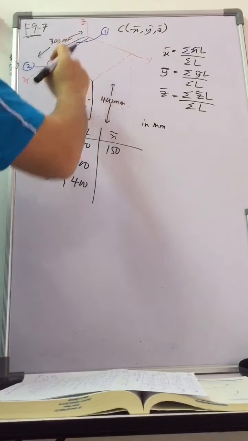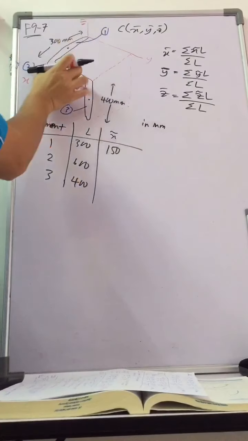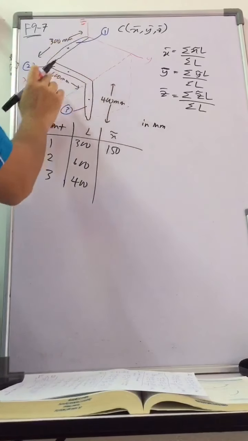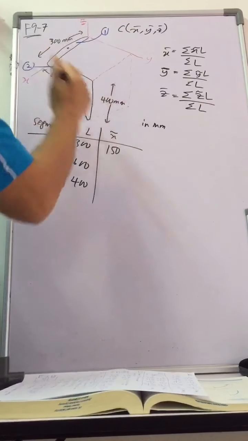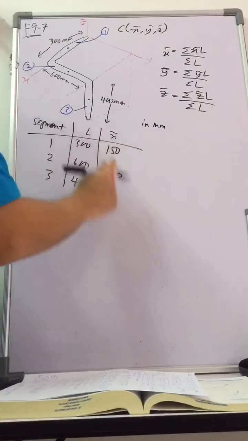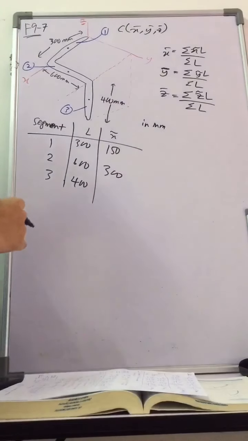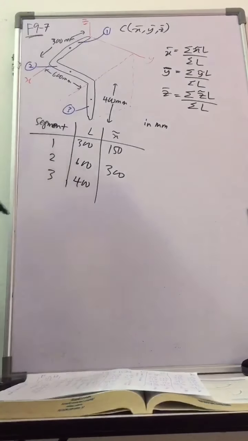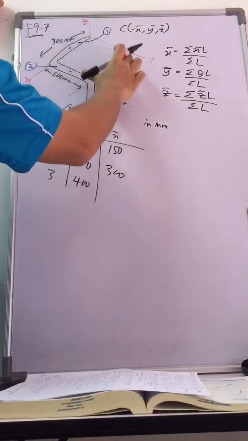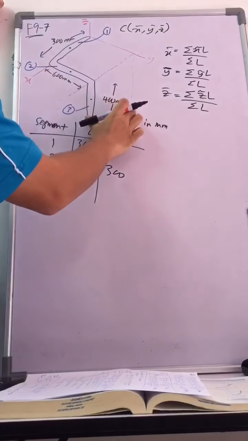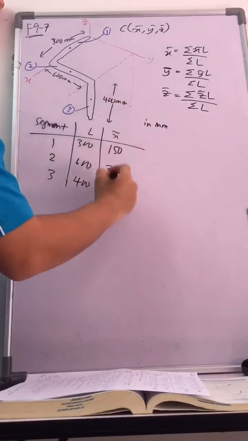The Y will be in the middle, yes, but the X is 300 itself, from 0 to 300. Number 3, how much? The X tilde is 300, right? Same. If you bring it down, this is 300. Okay?